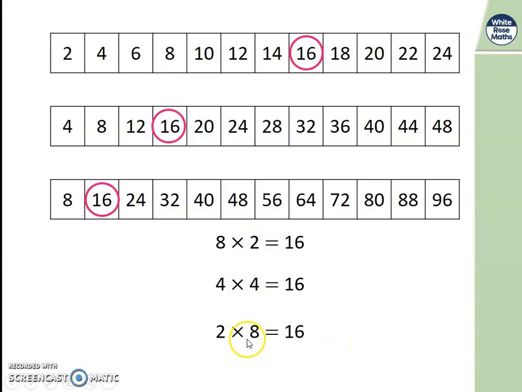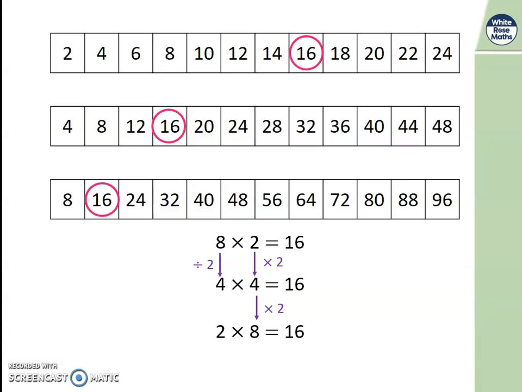Let's look here. 2, double 2 is 4, double 4 is 8. There we go, we're timesing it by 2 each time. What's happened to the other numbers? What's happened to 8, 4 and 2? We are halving, or dividing by 2.